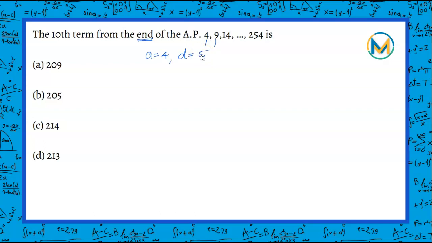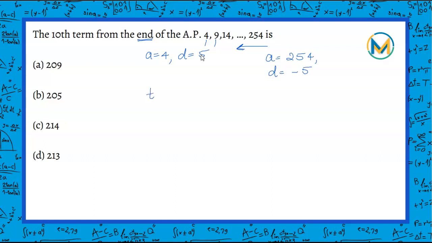But we'll start from the back side, the end terms. So when I start from the end terms, I will take A as 254 and my D would become minus 5, since I'm beginning from the end.